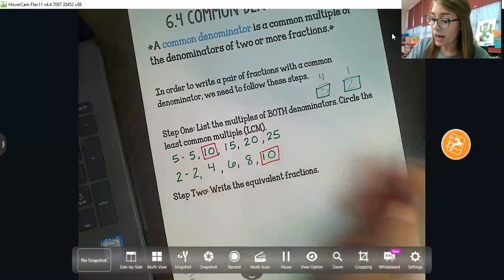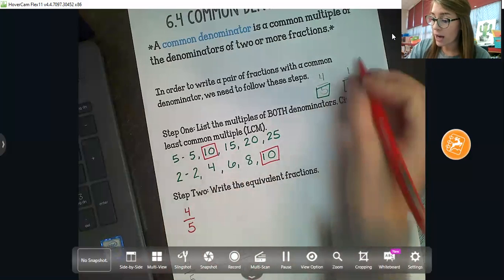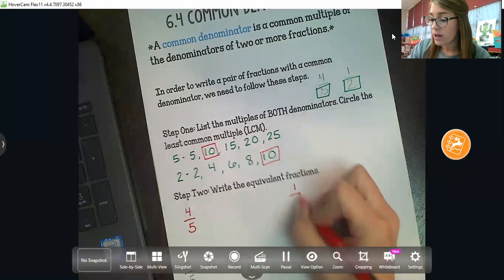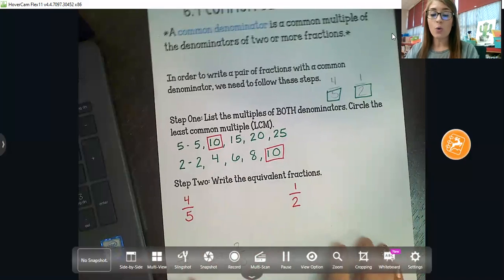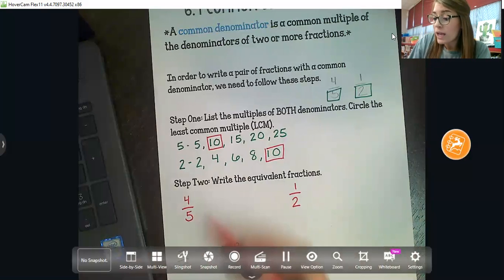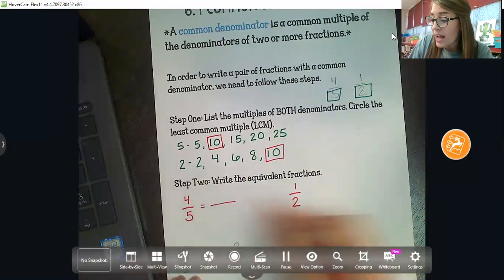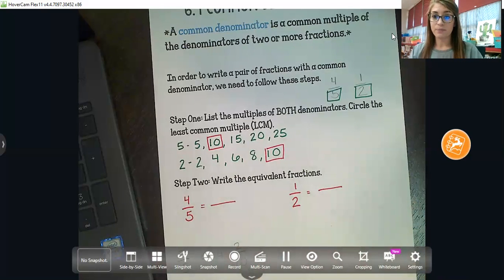So I've got the fraction 4/5, and I've got the fraction 1/2. And that's what we started with, remember? Now we're going to have lesson 2 come back into play here, when we were making equivalent fractions. Because now we know that our new denominator for both of these fractions has to be what?